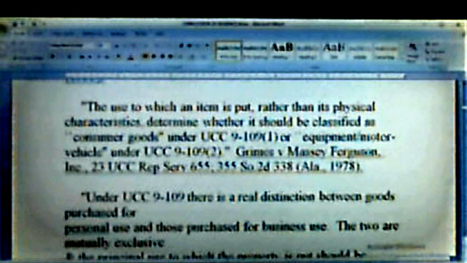Now it says that under the UCC, there's a real distinction between goods purchased for personal use and those purchased for business use. Those two are mutually exclusive, and the principal use to which the property is put should be considered as determinative.